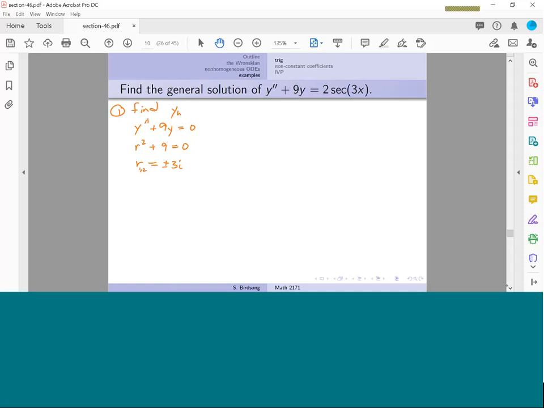Now, once you have your roots, what can we do next? What would we be finding next? In other words, what would be the 2 functions associated with these roots? Yes, we should totally be looking for a y1 and a y2. And you guys let me know, what do you think they should be? Remember, the roots are imaginary here.